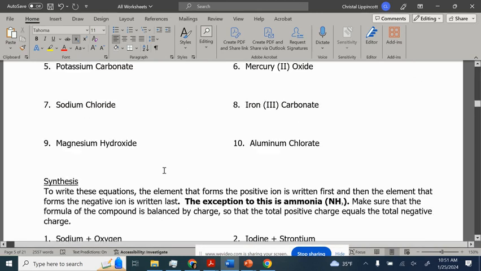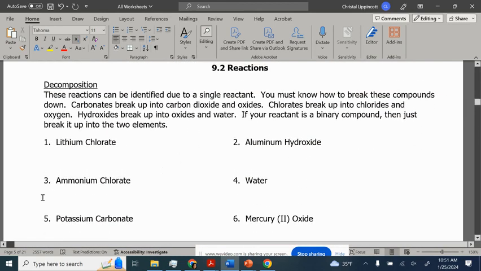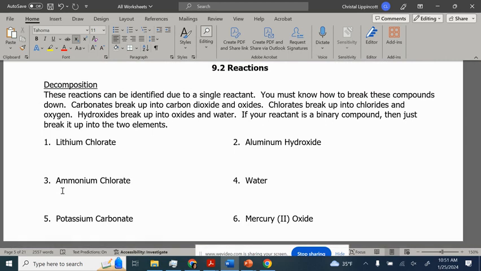So it's pretty easy to see where you're dealing with a decomp because there's no plus sign at the beginning. Okay. Now the stuff that I gave you yesterday, I was giving you what your reactants were and what your products are. Now you're going to have to use that reference sheet to help you figure out what your products are going to be in these reactions.